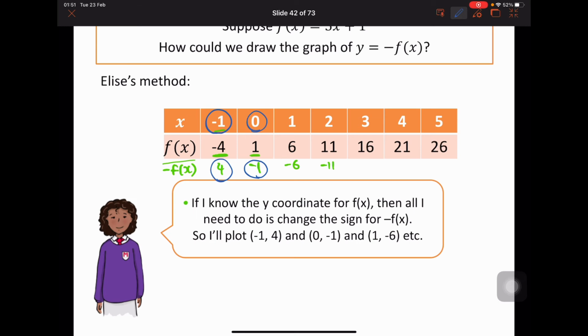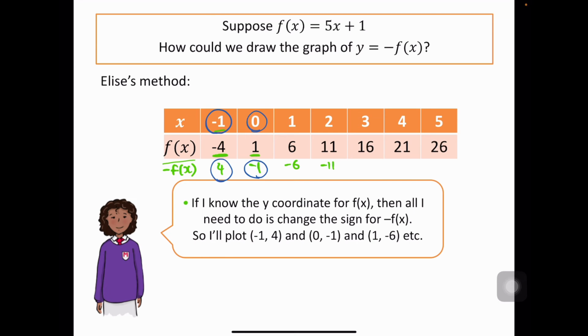Of course, if you know all the coordinates, then you can plot these coordinates on a set of axes and you will have your graph of y equals negative f of x. So her method is based on her understanding of graphs as well as substitution and functions, understanding the relationship between these two functions.